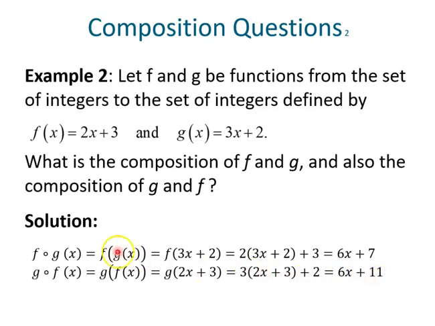And we see that these two functions are different because the first function sends x to 6x plus 7, while the second function sends x to 6x plus 11.